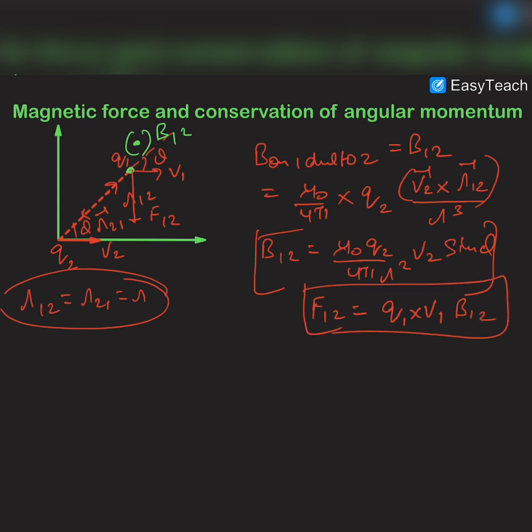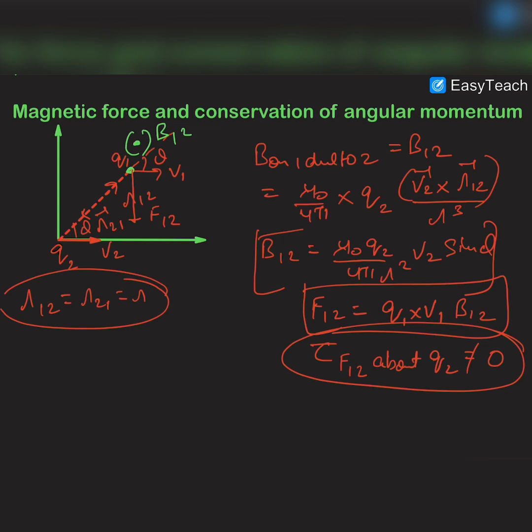Okay, so this is the first case, and now you can also see that the torque due to force F12 about Q2 is non-zero, because this force is creating some torque about this, and this torque will be clockwise.